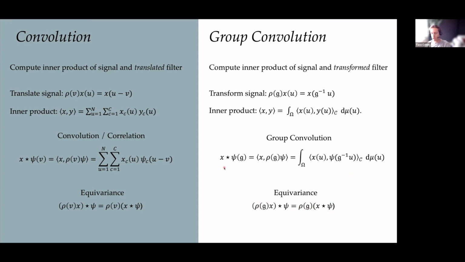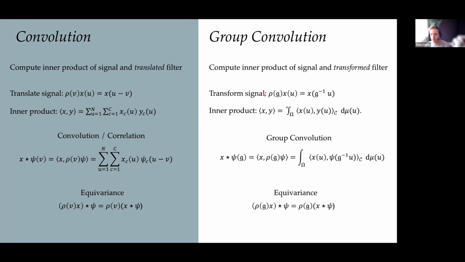Now, one very nice thing to note here is that this whole setup works no matter what your space omega is, and in particular, it also works when omega is the group itself, as we saw happens after the first layer.